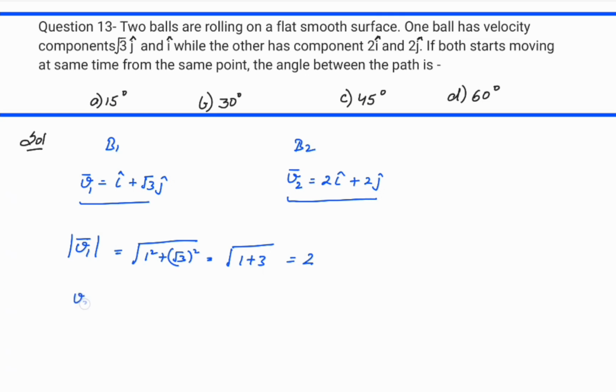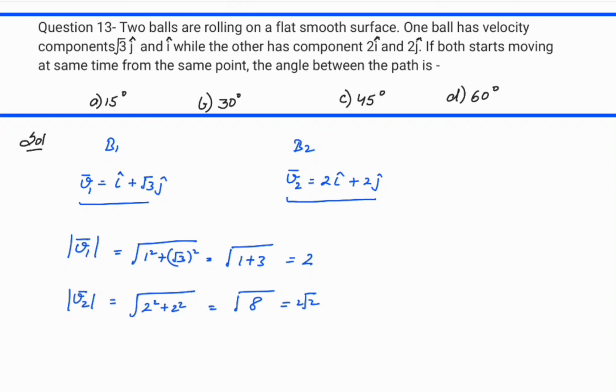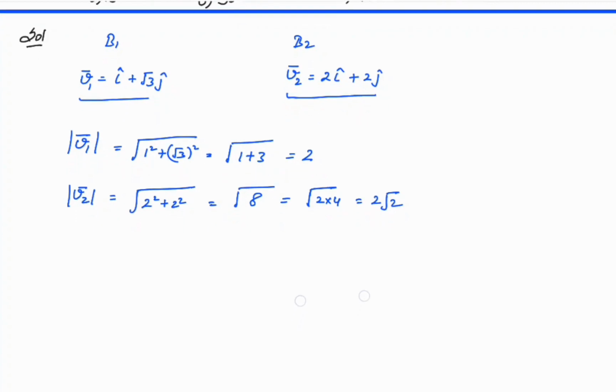Similarly, what is the magnitude of vector v2? It is equal to under root of 2 square plus 2 square, which is under root of 8. You can write it as under root of 2 multiplied by 4, which means 2 under root of 2. Here we got the magnitude of these two given vectors.